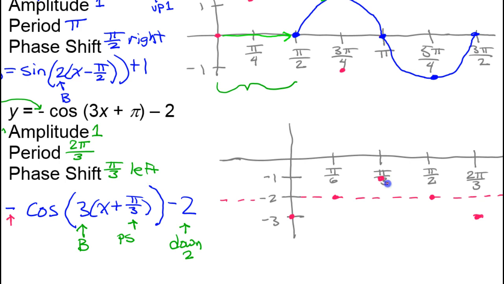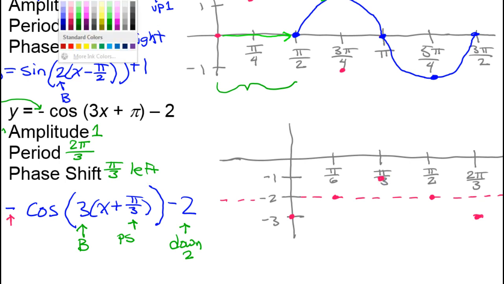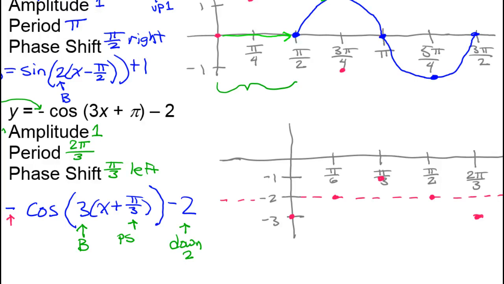Now look, pi over 3 is already visible here on my graph. So please notice that pi over 3 is 2 of these. All right, can you see that? This is a distance of pi over 3. It's 2 marks. All right, so that makes things a little bit easier because when I do my phase shift, left pi over 3, I need to go 2 of these to the left.